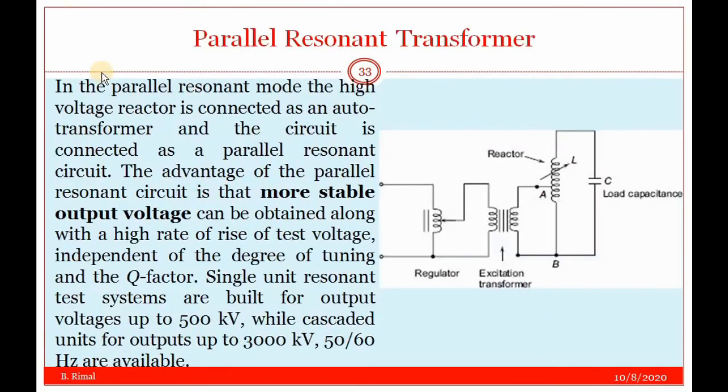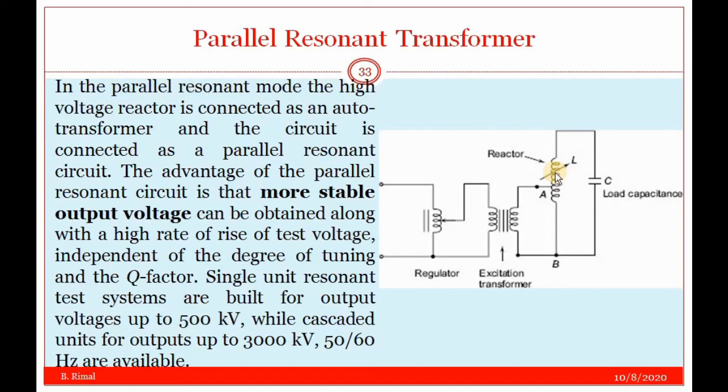Now the next one is parallel resonant transformer. In parallel resonant transformer, the high voltage reactor is connected as an auto transformer. You can see this high voltage reactor or choke coil L is connected as an auto transformer. The advantage of this resonant circuit is that a more stable output voltage can be obtained, and that output voltage would have a high rate of rise of voltage and a degree of independence from the tuning, and high Q factor can be achieved.